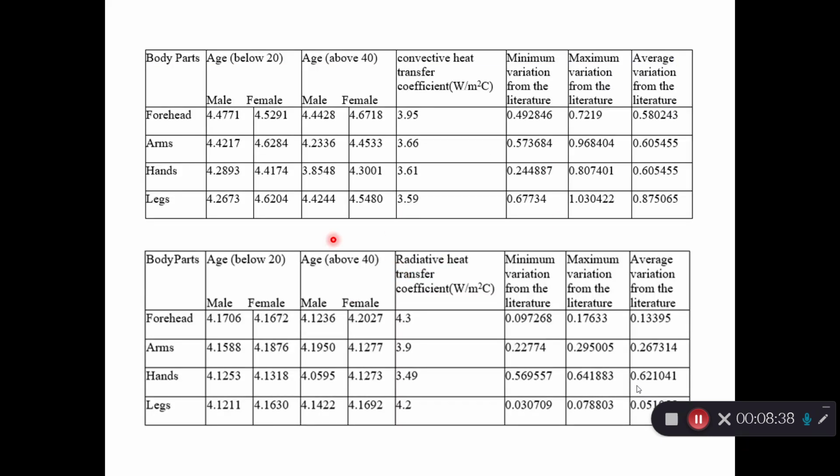And these are the results we obtained from the observation. We can see that the measured convective heat transfer coefficient is very close to the literature values, and we have calculated the minimum variation, maximum variation, and average variation for all the body parts for both age groups, and this is the radiative heat transfer coefficient.